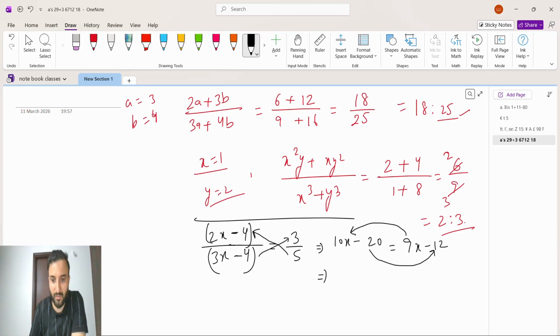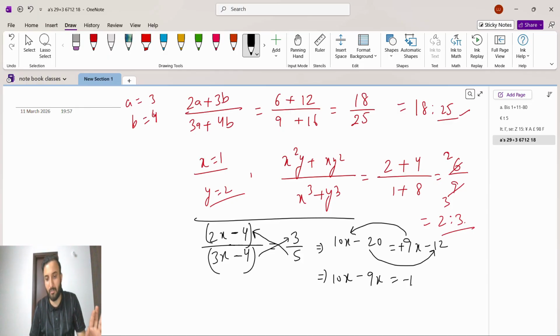So this is 10x, I will write as it is. This is plus 9x, when it comes that side it will become minus 9x. And this is already minus 12, I will write as it is. Now this is minus 20, when it goes that side it will become plus 20. 10x minus 9x, x equals minus 12 plus 20, which is 8. X is 8.